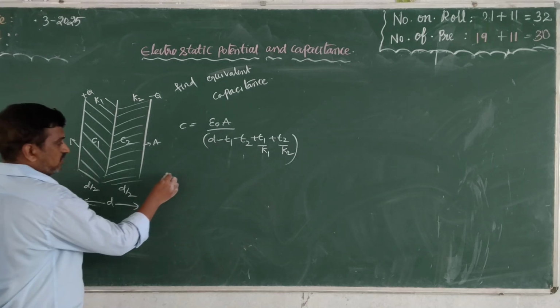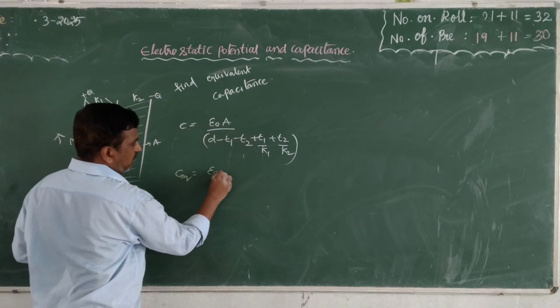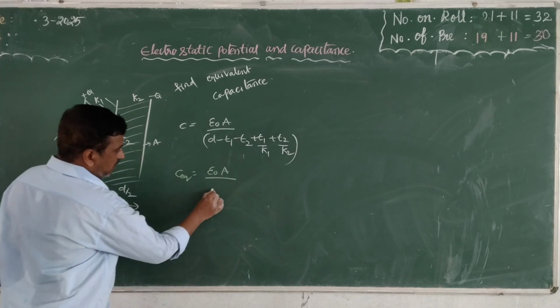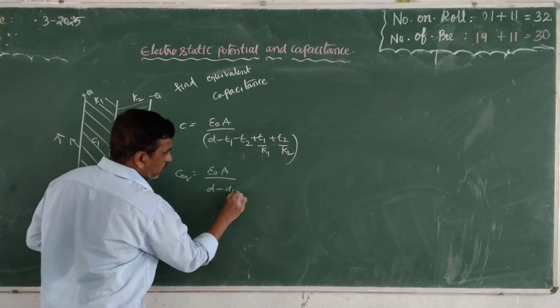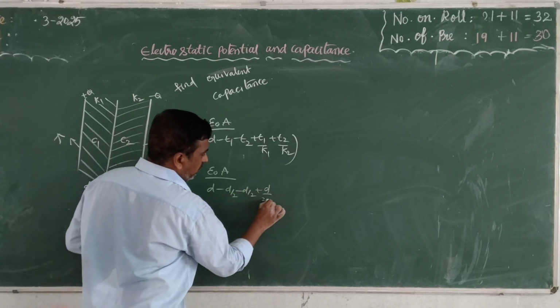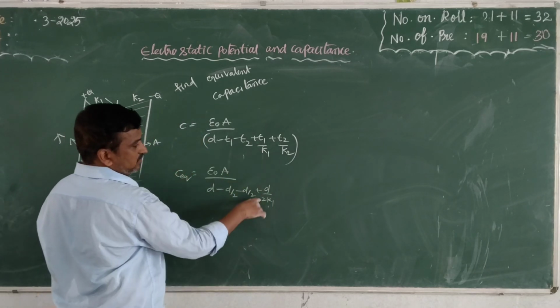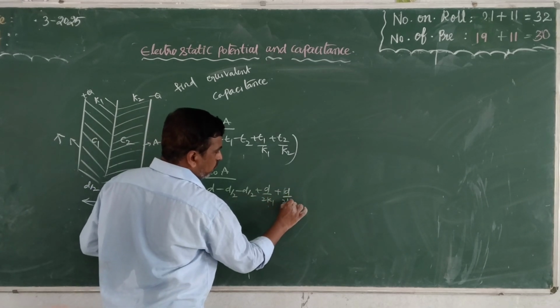For that, C equivalent equals epsilon naught A by D minus T1, where T1 is D by 2, minus T2, where T2 is D by 2, plus D by 2 K1 plus D by 2 K2.